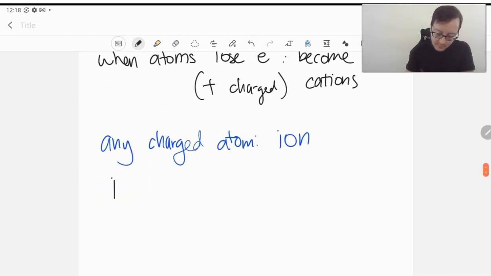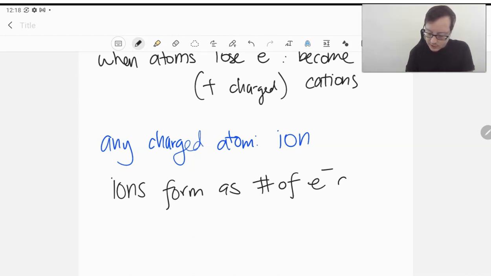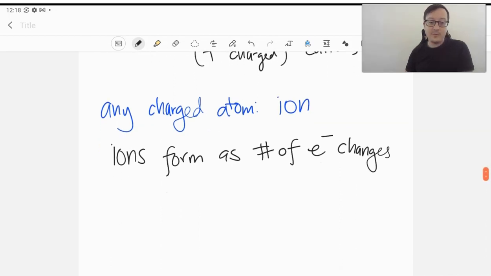So ions form as the number of electrons changes. Electrons are represented by e-, by the way. I know I've been writing that. e- stands for electrons.